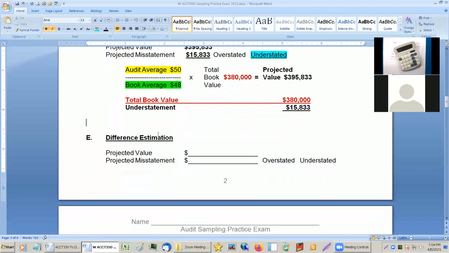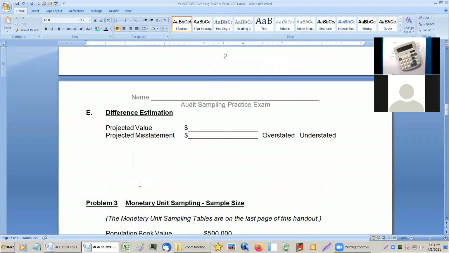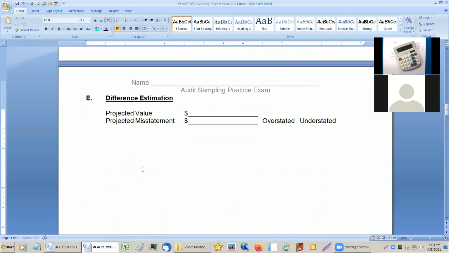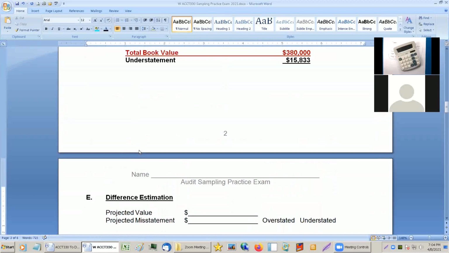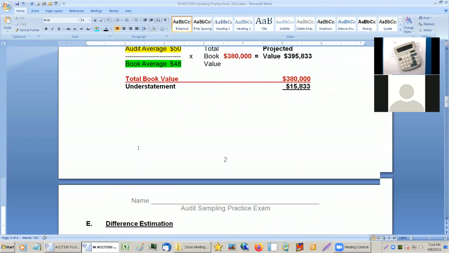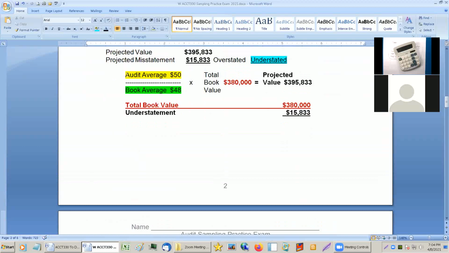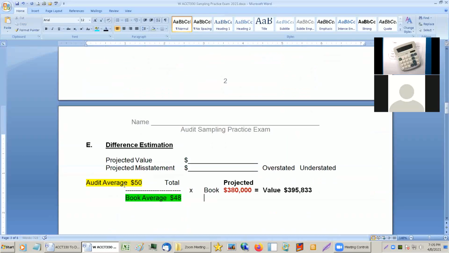Okay, difference estimation. We'll do this one, then we'll take a break before we jump into the other one. And difference estimation is where you just take the difference between the two. Try to save time.